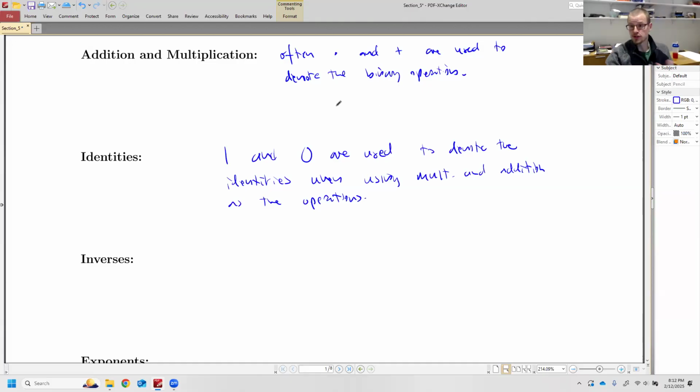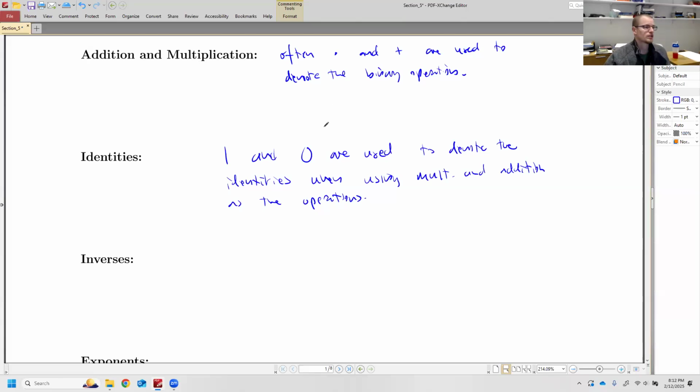So trying to be respective here. When we're using multiplication, we use 1 as the multiplicative identity. When we use addition, we use 0 as the additive identity. Even if the specific group we're working in might not actually contain 1 or 0, we simply use those to denote the identity when the symbol happens to be that of multiplication or addition.